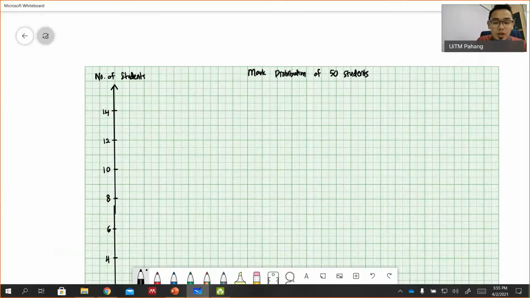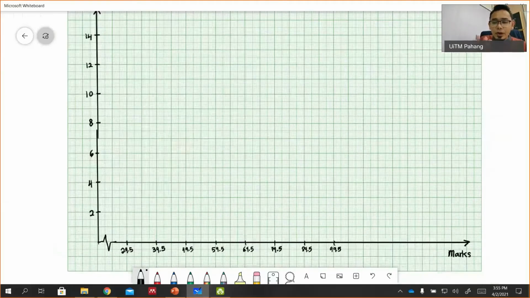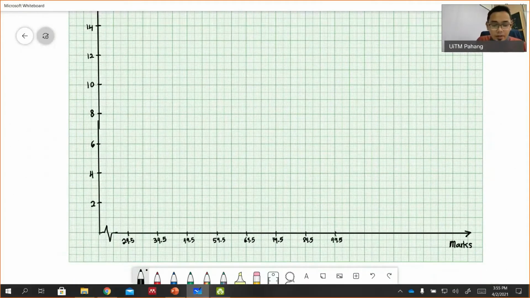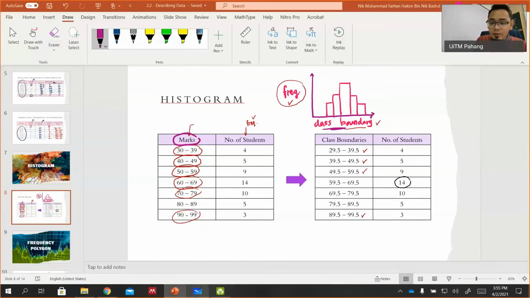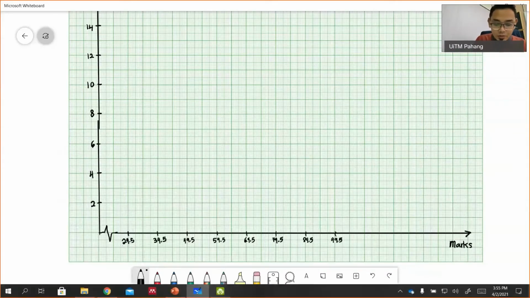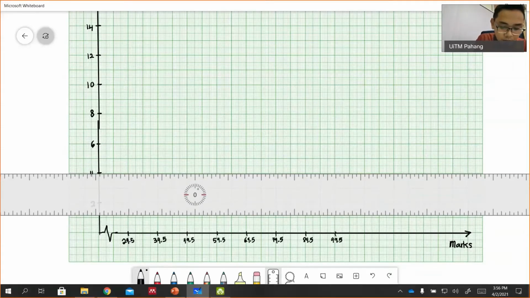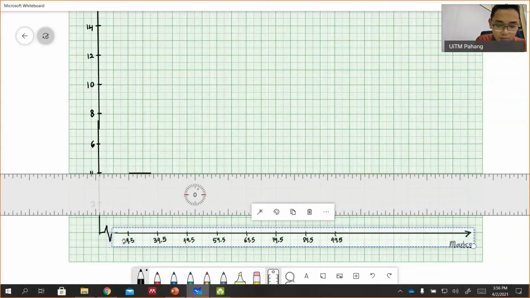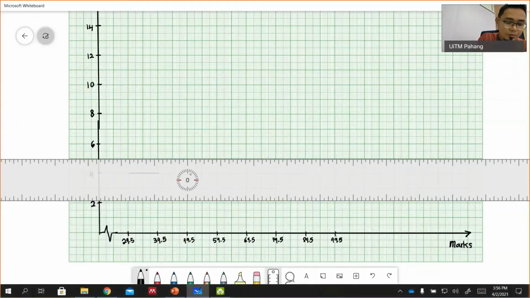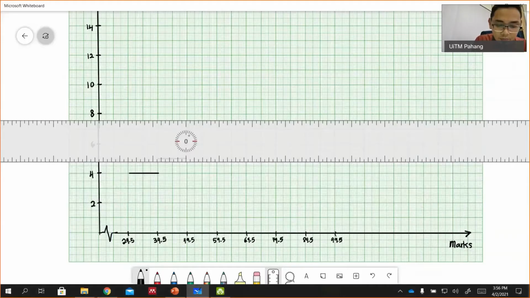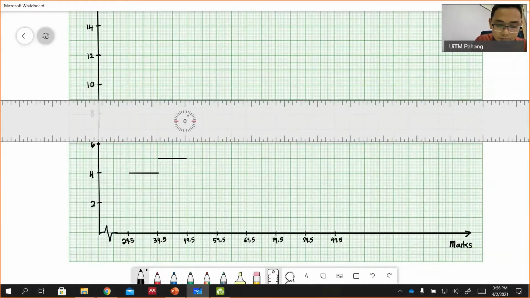Now we want to draw the bars on this histogram. Note that the first class will be 4, 5, 9, and we want to label them. Please use your ruler. The first one will be 4, then the next one will be 5, and then 9.